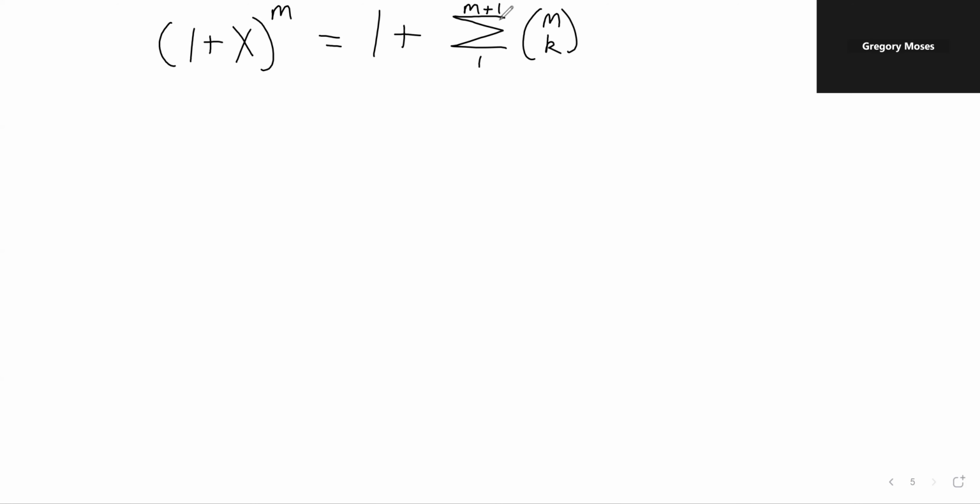And this, in general, 1 plus x to the power of m is 1 plus, and now I'll still use the m choose k notation, but I'll make it explicit that we're not defining m choose k in terms of factorials.